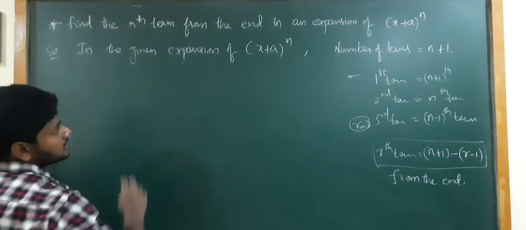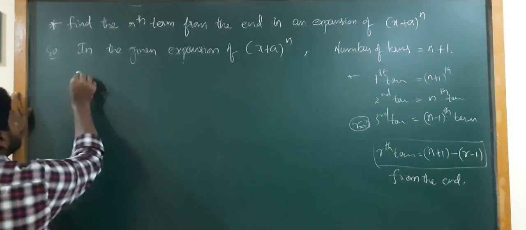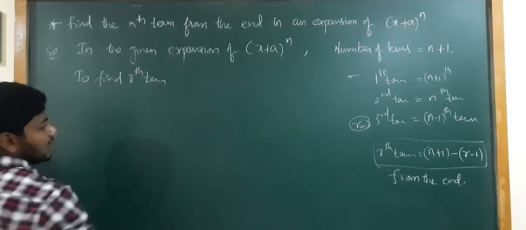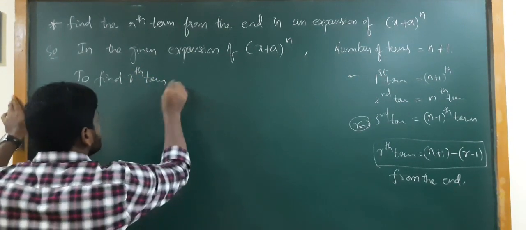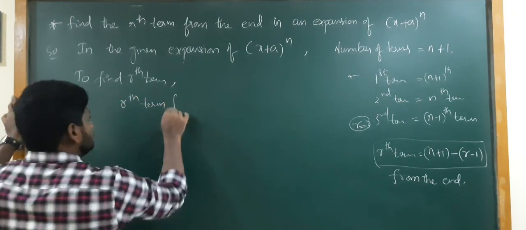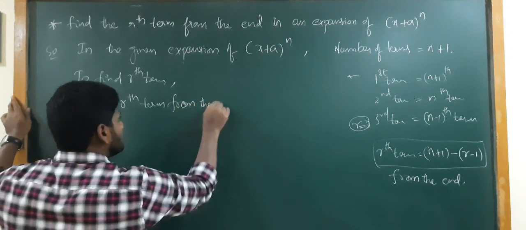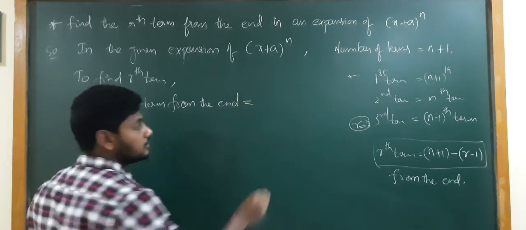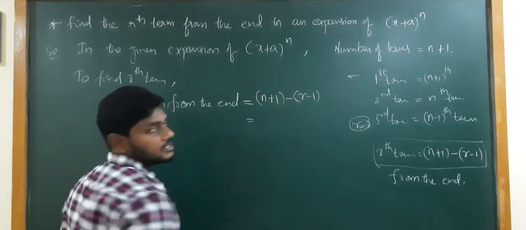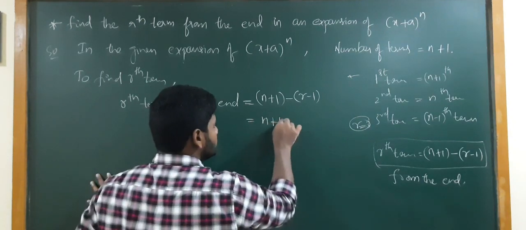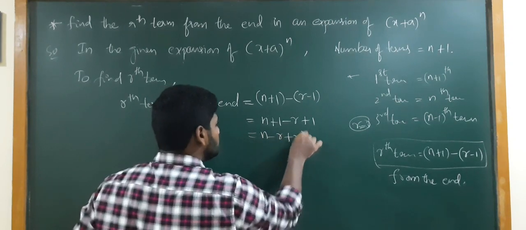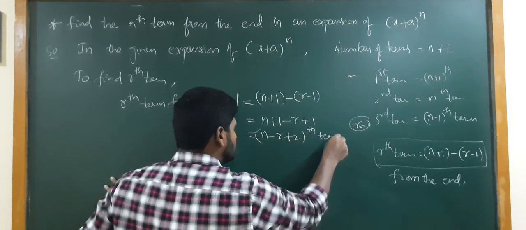So in the given expansion (x plus a) whole to the power of n, the rth term from the end is equal to the same formula, n plus 1 minus of (r minus 1), which is equal to n plus 1 minus r plus 1, which is equal to the n minus r plus 2 term.